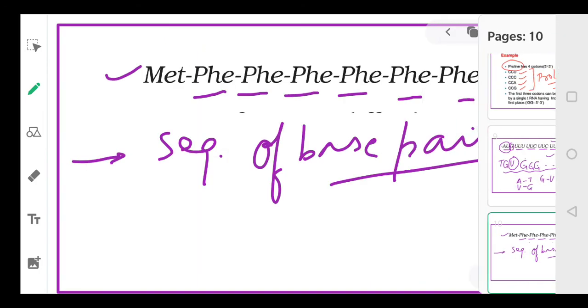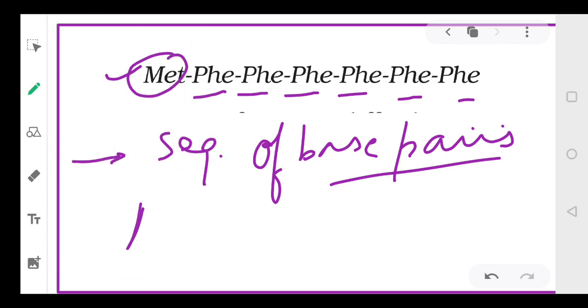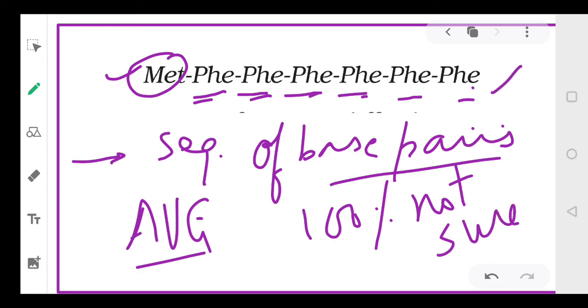Now for methionine I can say that it is AUG. But what about phenylalanine? Which codon is present? I am not 100% sure. So if I have been given the amino acids, I cannot predict the codons with 100% surety.